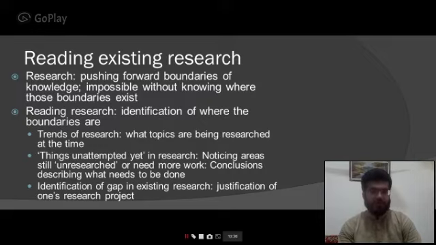Similarly, in research, once you read, you will be able to realize those areas which have been overlooked or undermined by earlier research. So you can easily start working on those areas and make your own research valuable for the community of scholars.